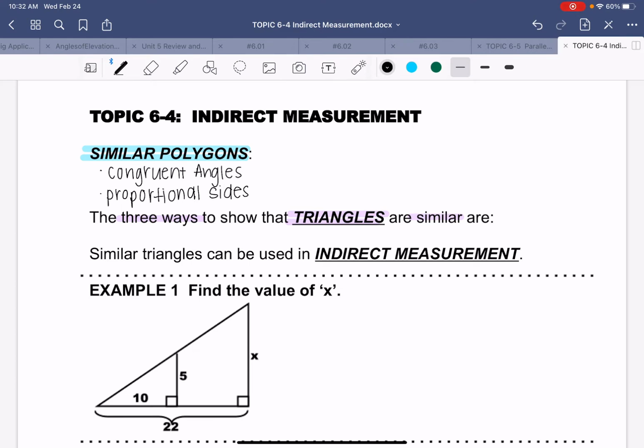But in order to see if triangles are similar, there are only 3 different ways we can use. We can use angle, angle, angle, meaning all 3 angles are congruent. We can use side, side, side, which means all 3 sides are proportional.